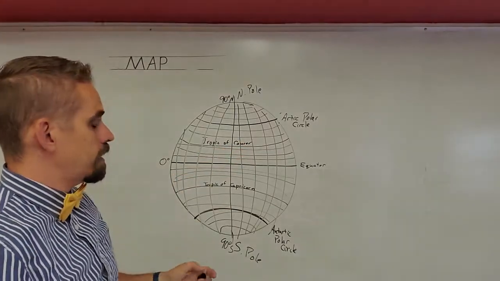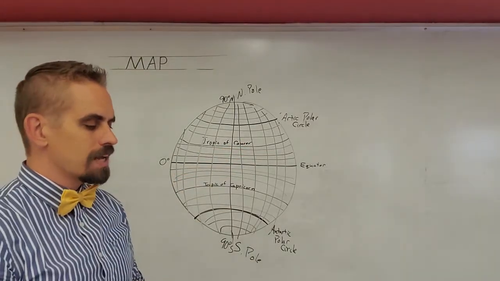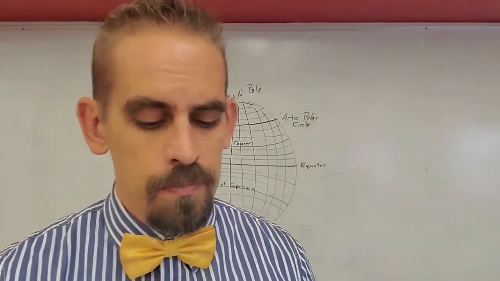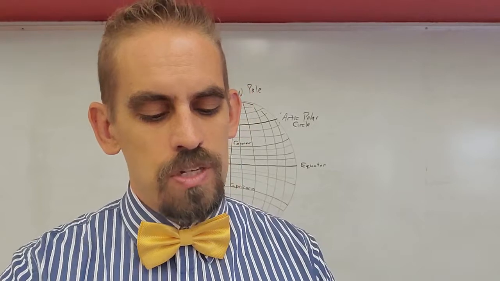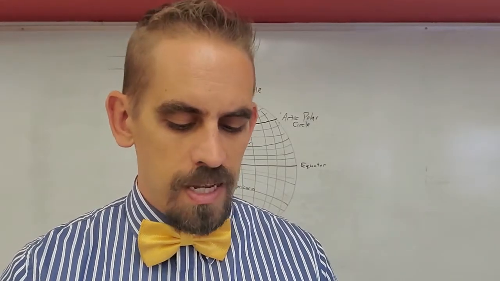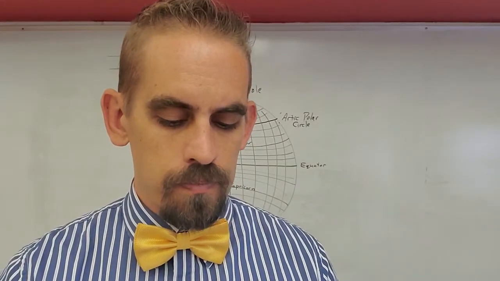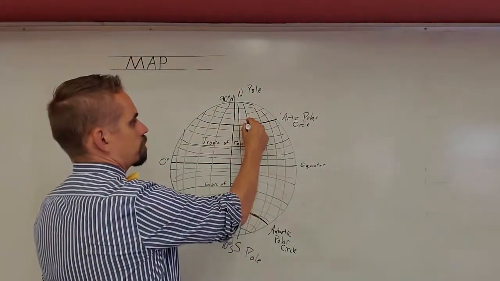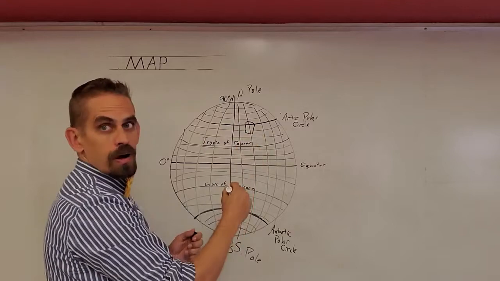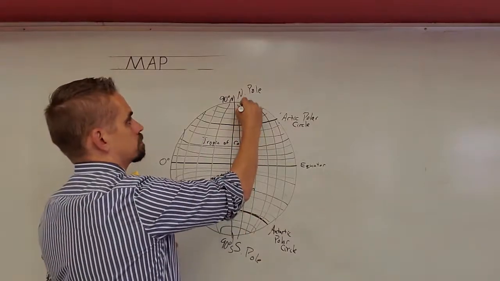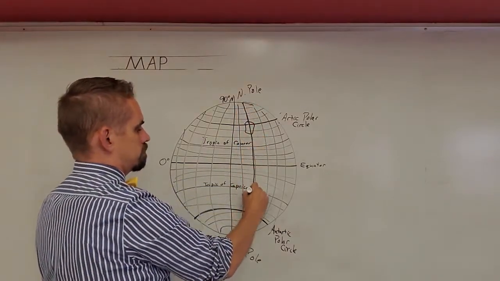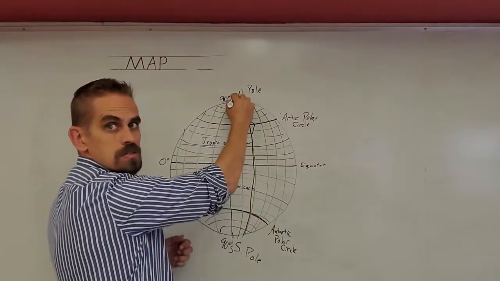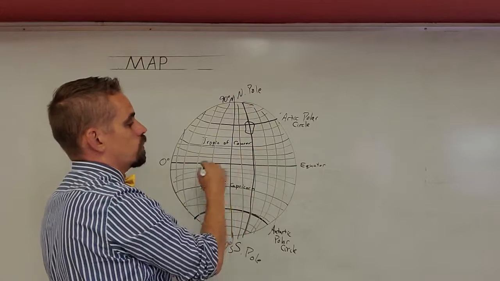And the lines of longitude, as we said, go from 0 degrees to 180 degrees. So what I can actually do is I can say, for example, let's say here's England right here. Right? And the prime meridian, let's say that's 0 degrees east and west.